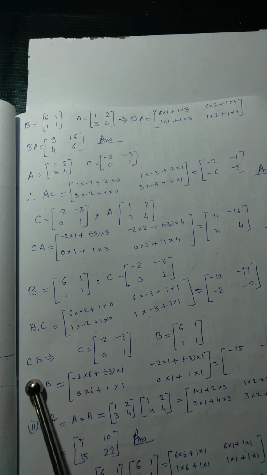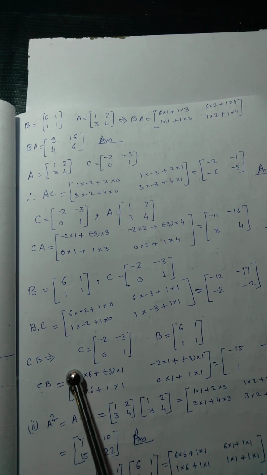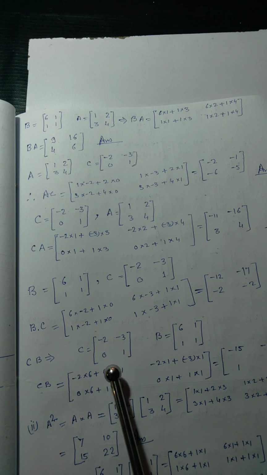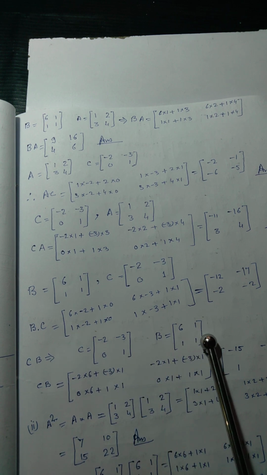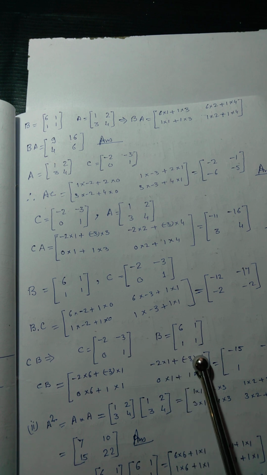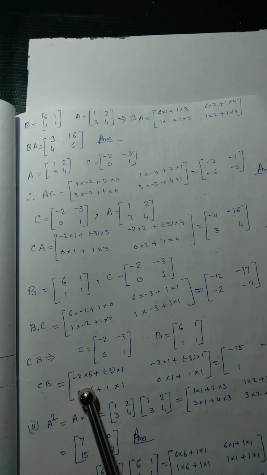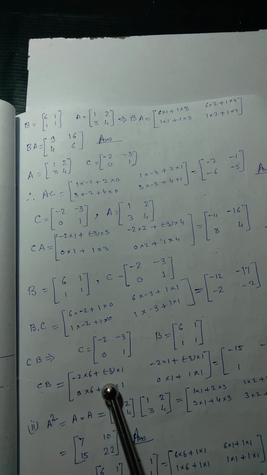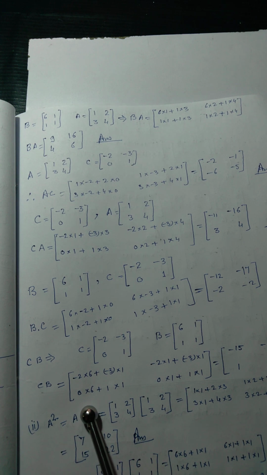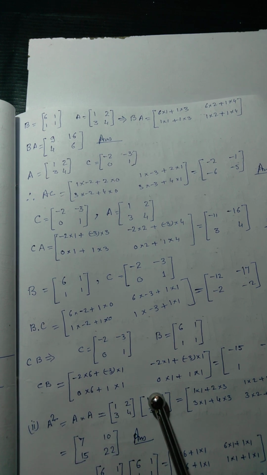Now proceed for CB. C is minus 2, minus 3, 0, 1. B is 6, 1, 1, 1. Now CB is equal to minus 2 into 6 plus minus 3 into 1. Here it is 0 into 6 plus 1 into 1.